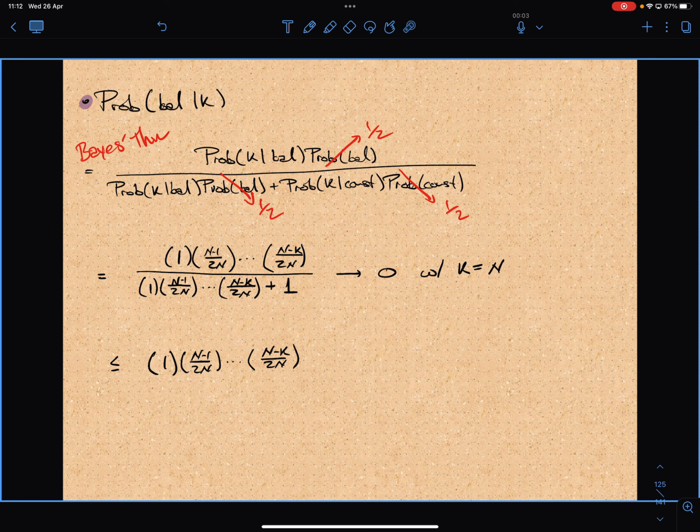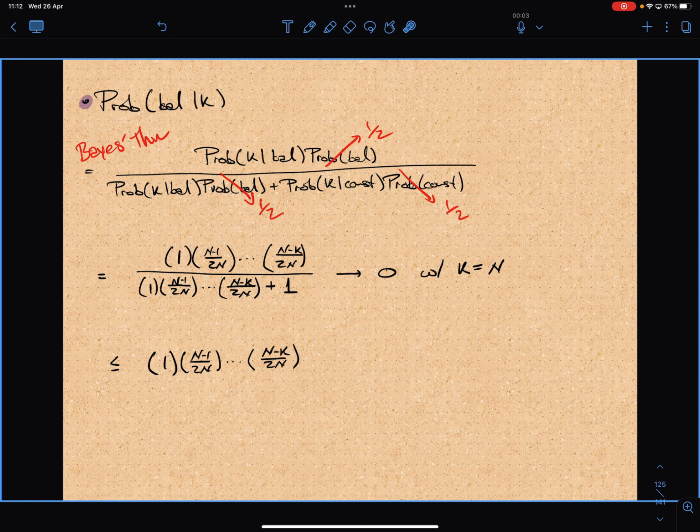Then the next is, given that the function is constant, the probability of having k plus 1 measurements that are constant. If it's constant, the probability is equal to 1. So I get a 1 right here.